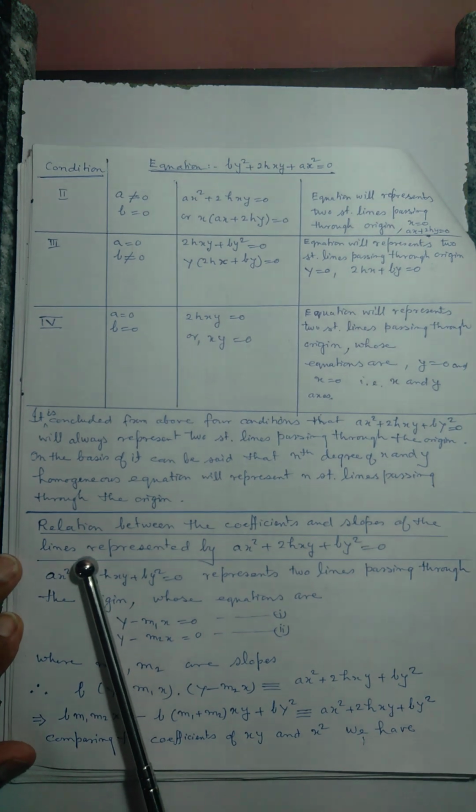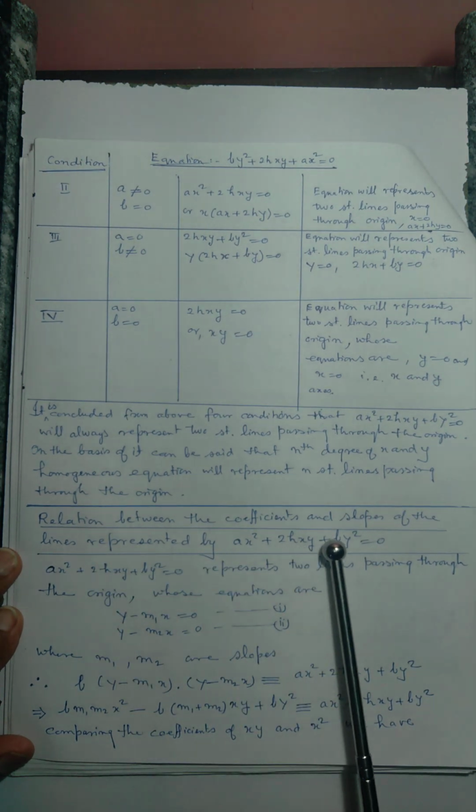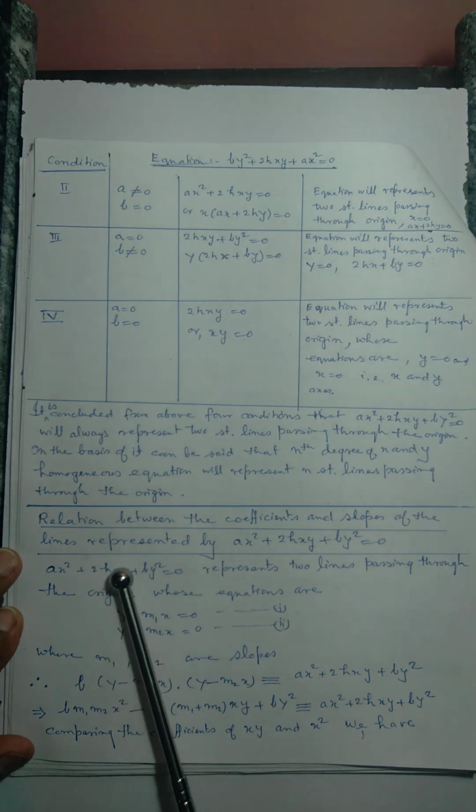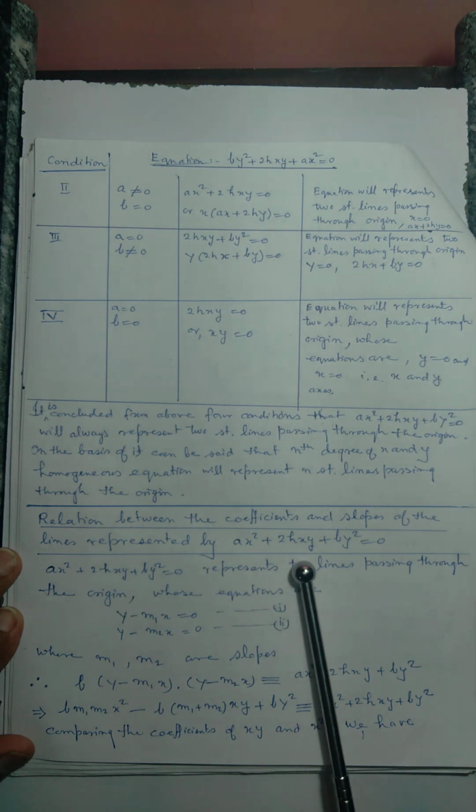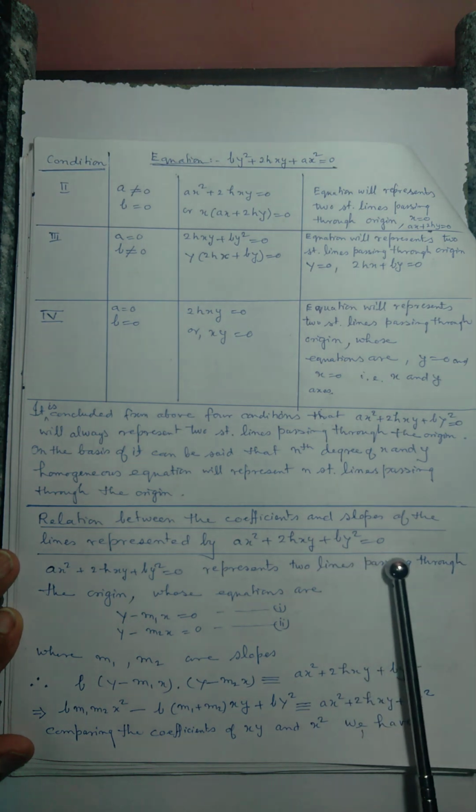Now let us find the relation between the coefficients and the slopes of the lines represented by ax² + 2hxy + by² = 0.